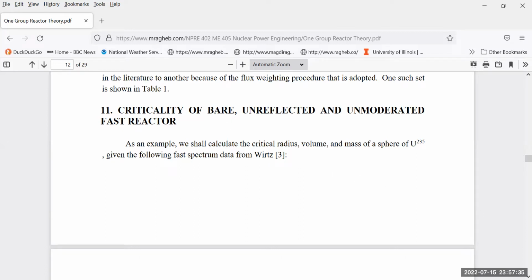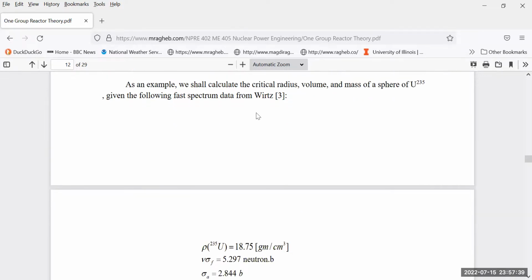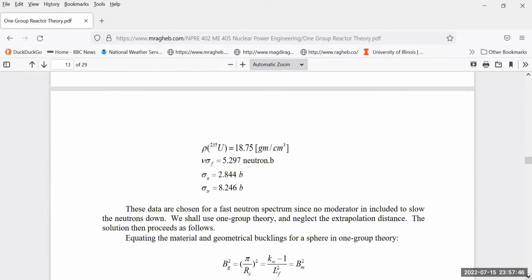So in that case, we use the data from a book on fast reactors written by Mr. Wirtz in the references. For uranium-235, he gives us the following data: the density of uranium-235 is 18.75 grams per centimeter cubed. And if you are curious, go to Wikipedia or the handbook of chemistry and physics.